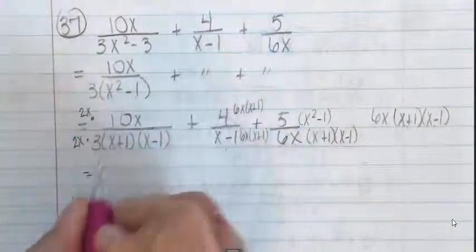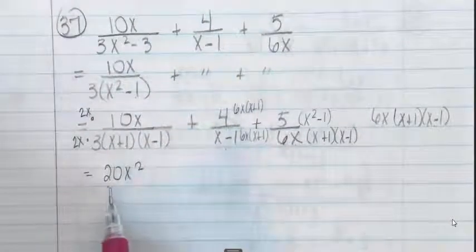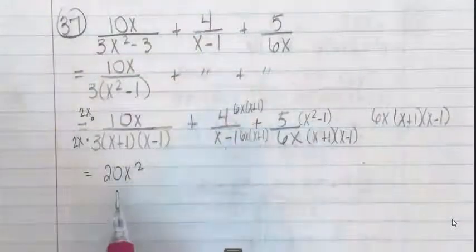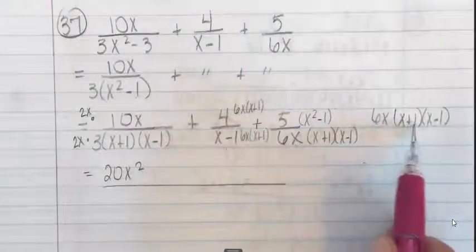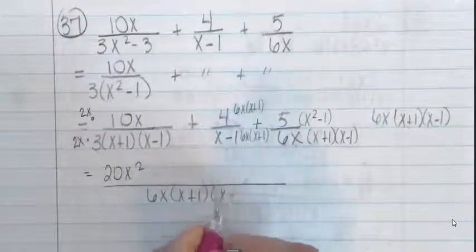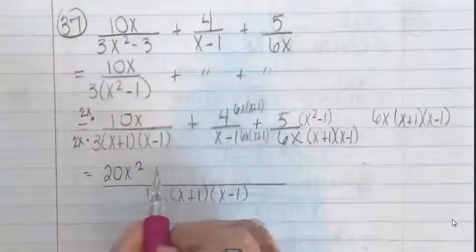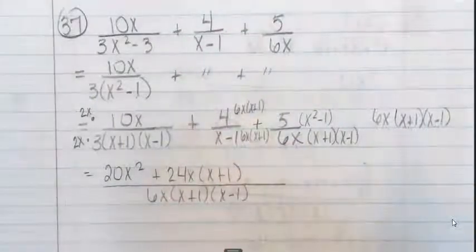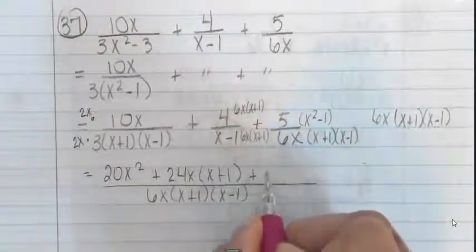All right, so this gives me now 20x squared. Now, my numerators right now are what I'm going to go through and actually multiply out. My denominator, I know, for all of them, is going to be this right here. So I'm just going to write one denominator. Okay, so going through now, this gives me a 24x times x plus 1, and then this will give me a 5x squared minus 5.